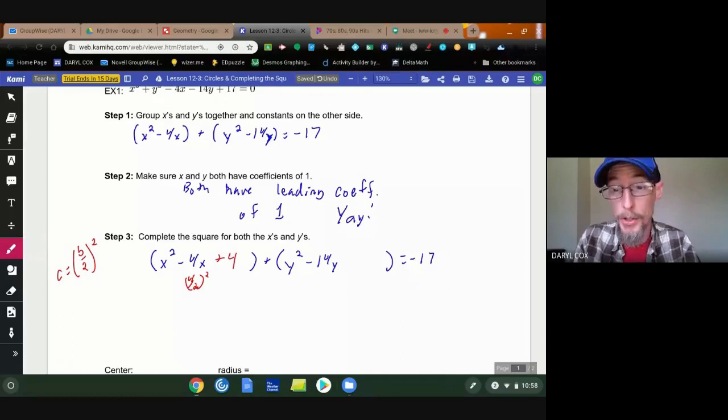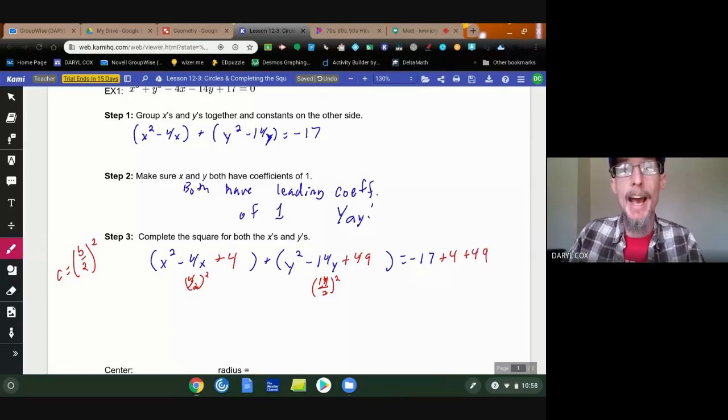I've got to remember to also add it to the other side of the equals. Same thing. I'm going to take the 14, divide by 2 and square it. 14 divided by 2 is 7. 7 squared is 49. So there we go. And again, I have to add it to both sides of the equals.